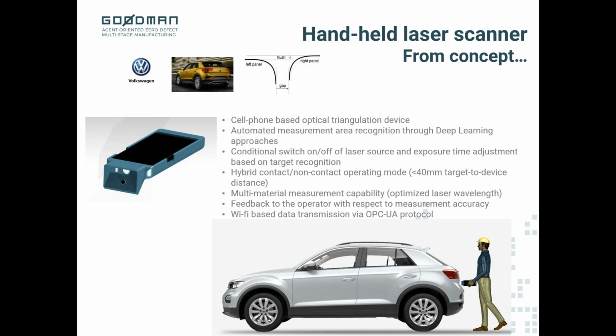There is also a possibility, by exploiting the cell phone, to provide the operator with feedback with respect to the measurement accuracy. The data transmission takes place by using the OPC-UA protocol, and it takes place by Wi-Fi.